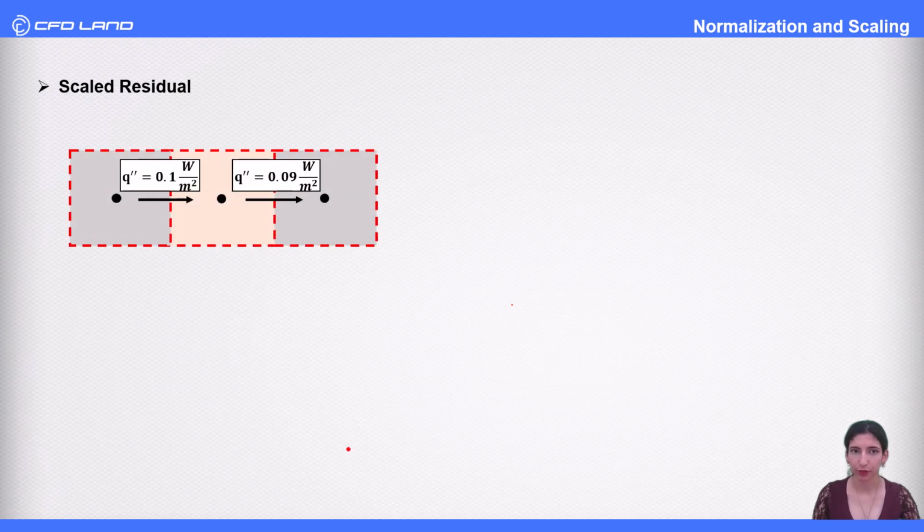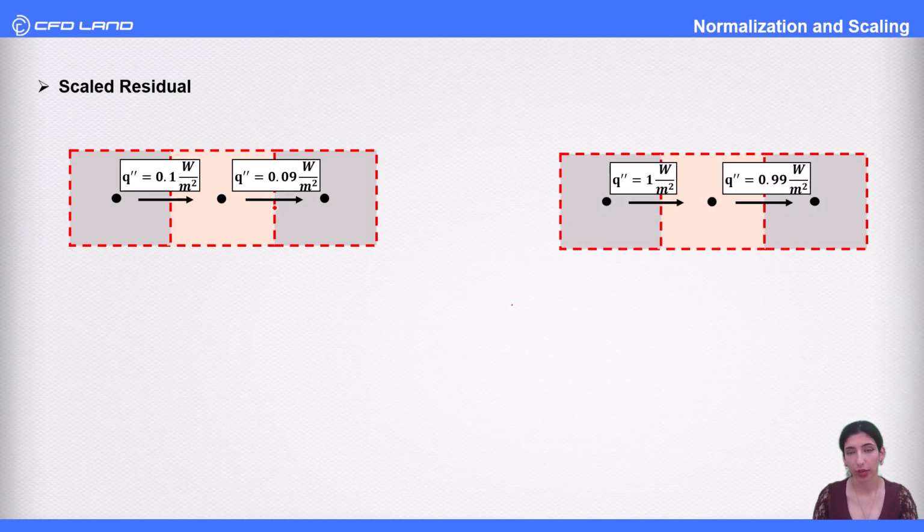On the left, we have the heat flux of one cell. It shows that on the west wall, we have the heat flux of 0.1 watt per meter square, and on the east wall, we have 0.09 watt per meter square. Now, in the case on right, the west wall has the heat flux of 1 watt per meter square, and the east wall has 0.99 watt per meter square.